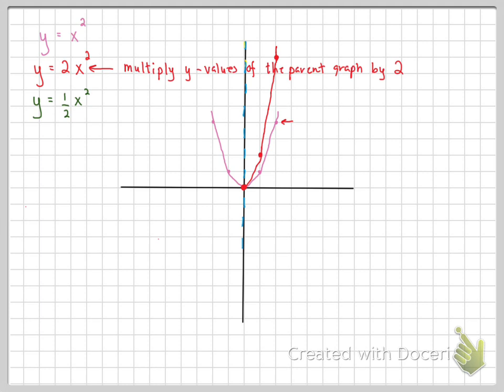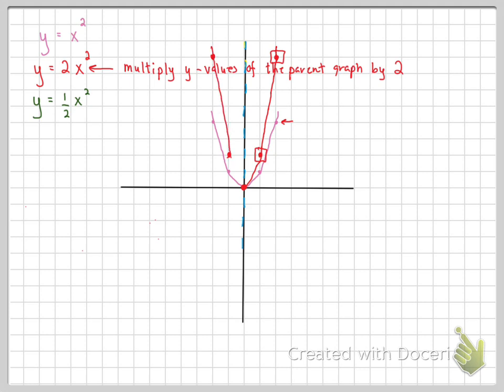And what that axis of symmetry does for us is it provides another point that is mirrored through that dotted blue line. In other words, this point right here is going to be mirrored through the dotted line over to here. This point up here is going to be mirrored through the dotted line, and we get another point over here.